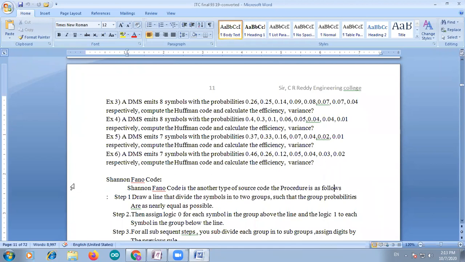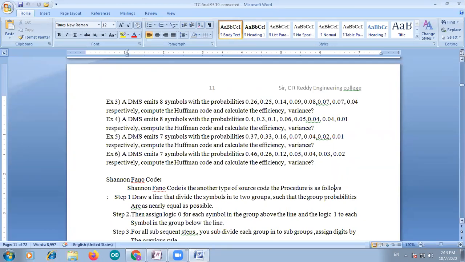Compute the Huffman code and calculate the efficiency and variance. So students, please do these 4 problems on your own. Only then will you thoroughly understand the concept of the Huffman code.